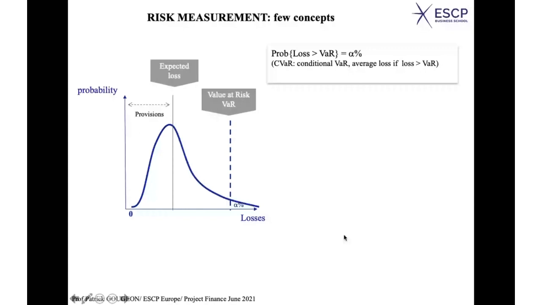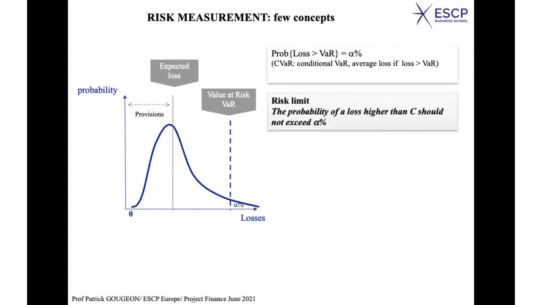To understand the meaning and the usefulness of the value at risk, we are going now to introduce another concept. Not another concept, because we already mentioned it: the concept of critical loss, and risk limit, if you prefer.